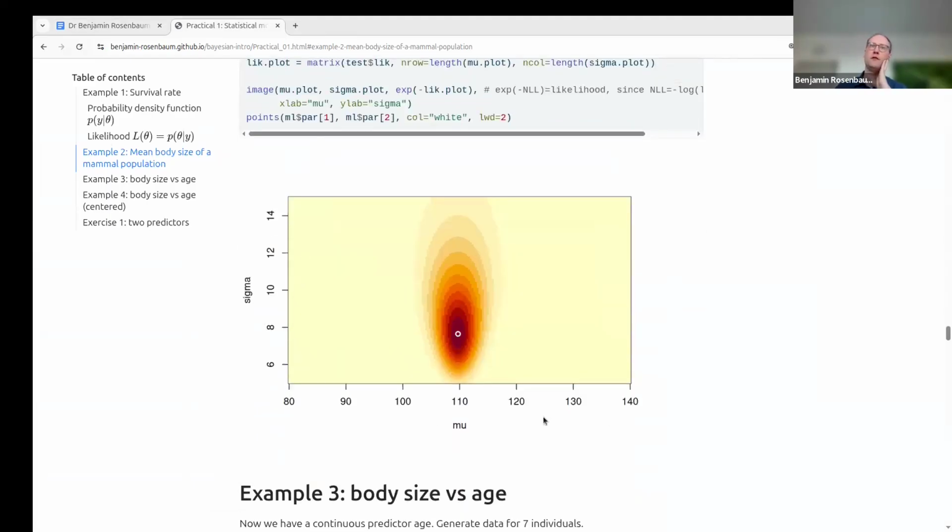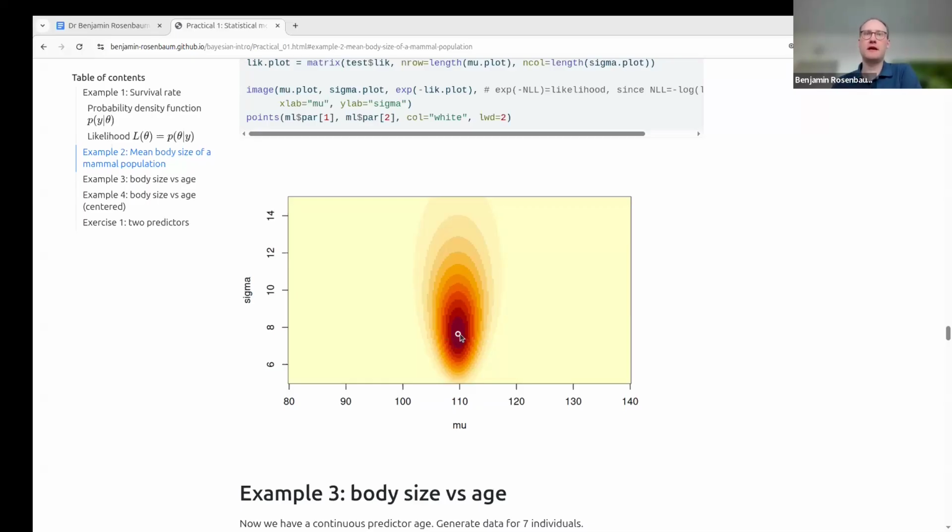There are different values for mu and different values for sigma. And the likelihood function itself has some maximum likelihood estimate for the values we just computed.